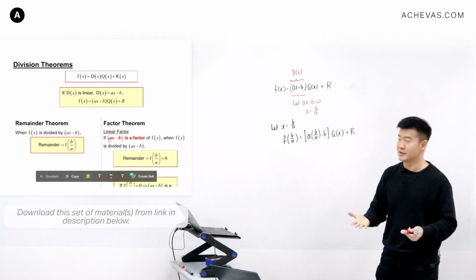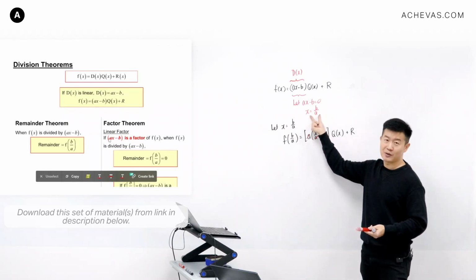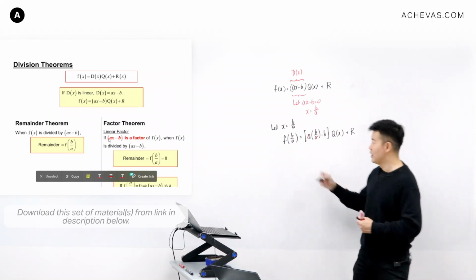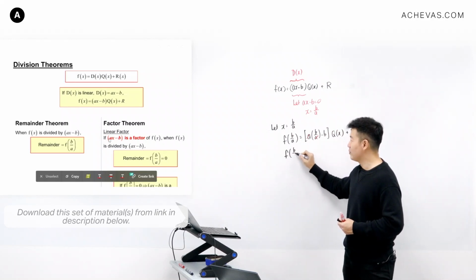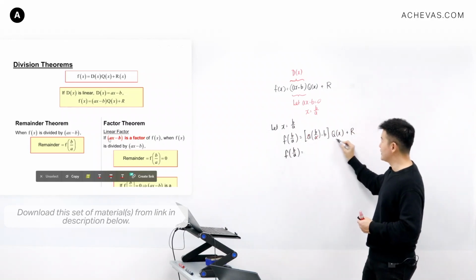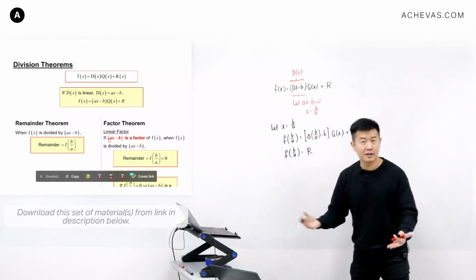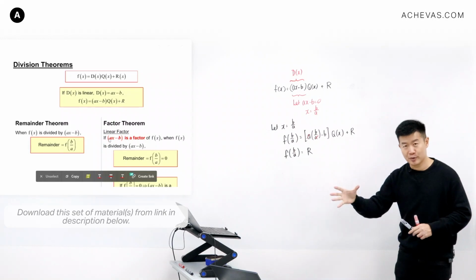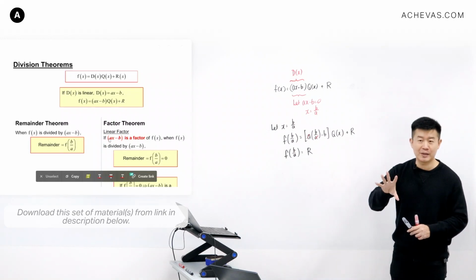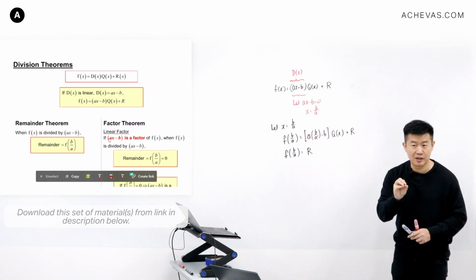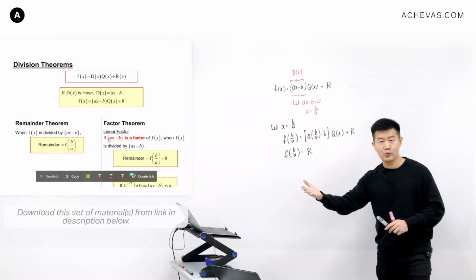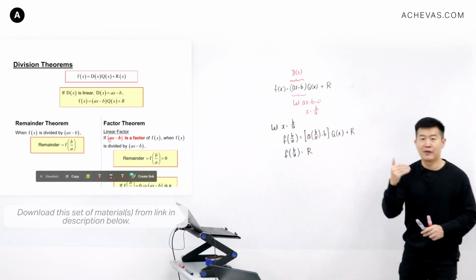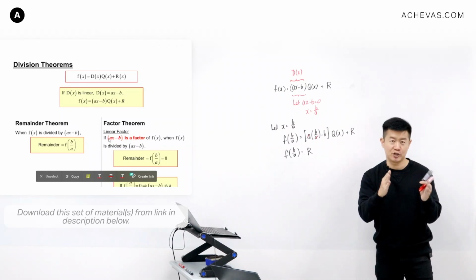Obviously it's going to be 0 because that's how I derived the value of x, by letting ax minus b be equal to 0. So this leaves me with f(b/a) equal to 0 plus r, and this is the remainder theorem. So if you have a polynomial and you want to divide it by a linear expression without going through the long division, the remainder will just be the value of the polynomial at the value of x that caused the linear expression to be 0.